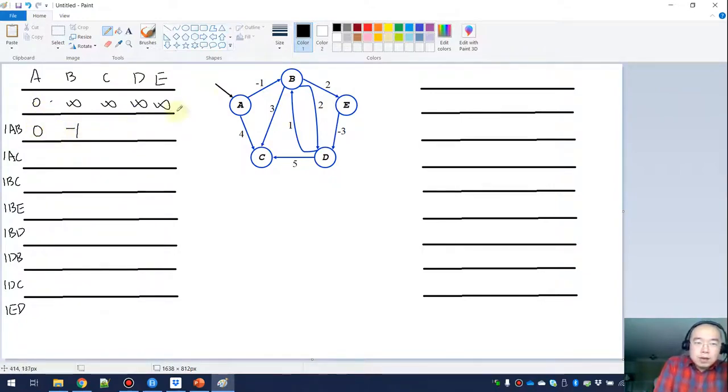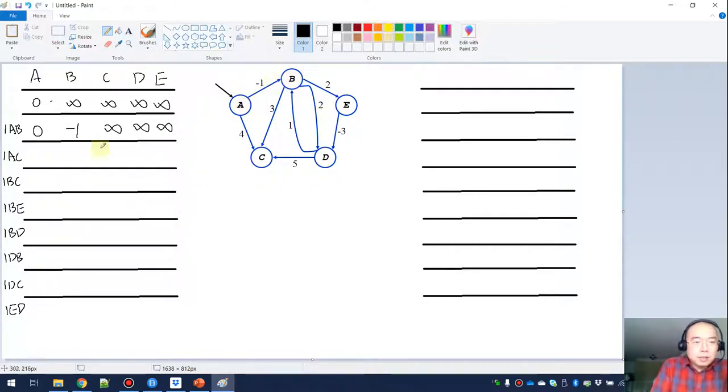If I go from A, and I know the cost of getting to A is 0, and I take the path AB, then the cost to get to B will be -1. Of course, for C, D, and E, I don't know how to get there yet. So after we finish visiting AB, we know we can get to B, and the cost will be -1.